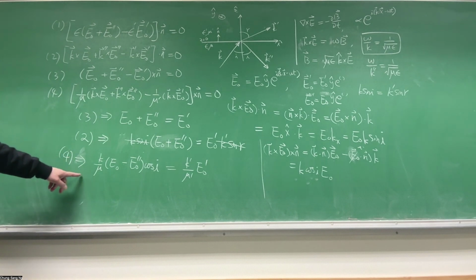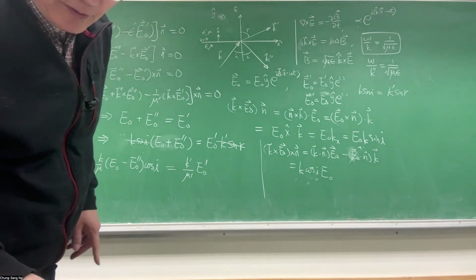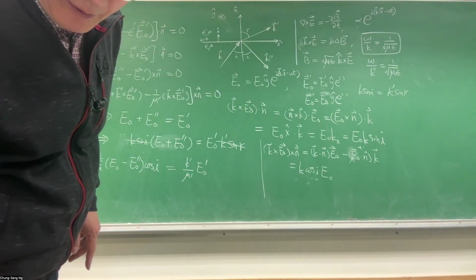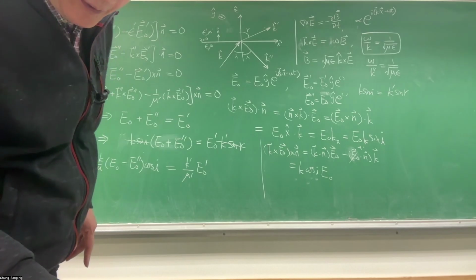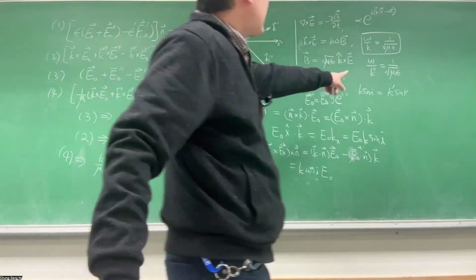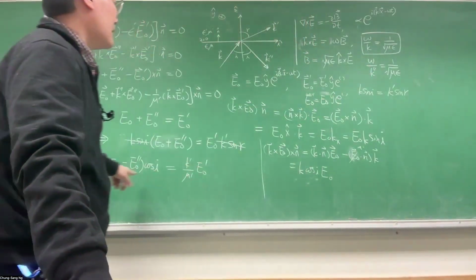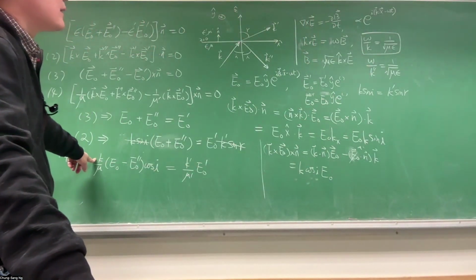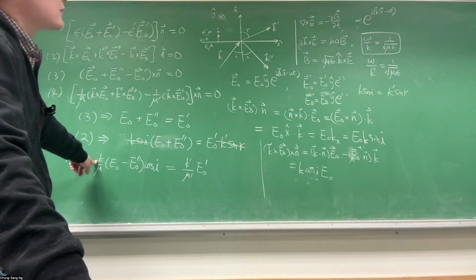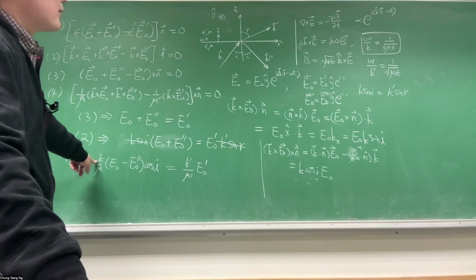Right. And let's see if Jackson has these two equations. 7.38. Yeah, this is basically what we have, except that Jackson already used this. K is omega, but omega is the same for all three, so k is proportional to the square root of mu epsilon.